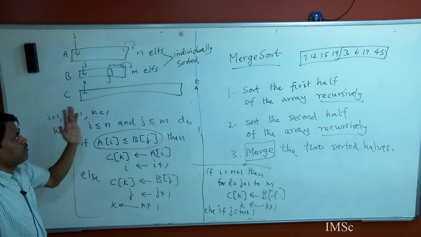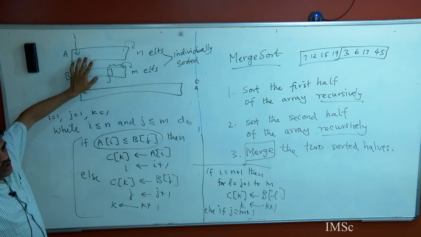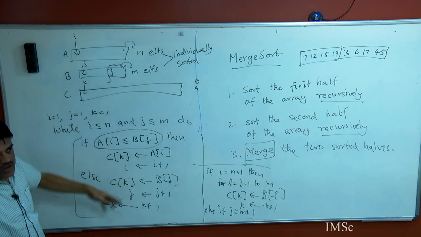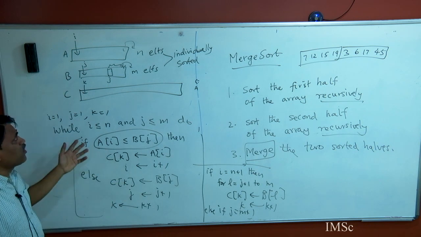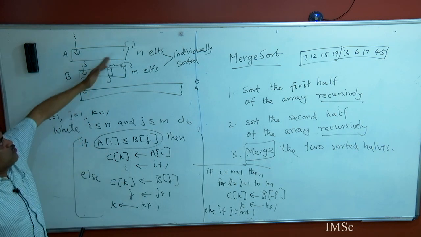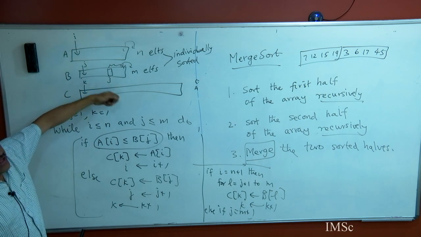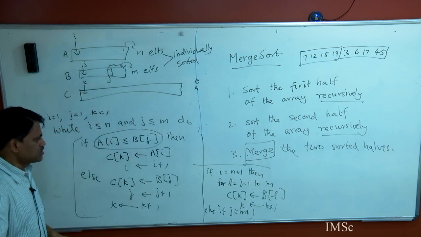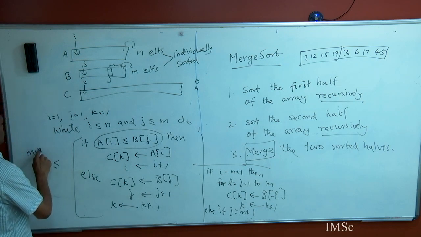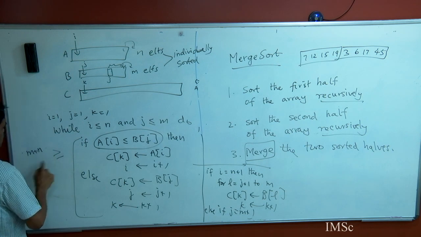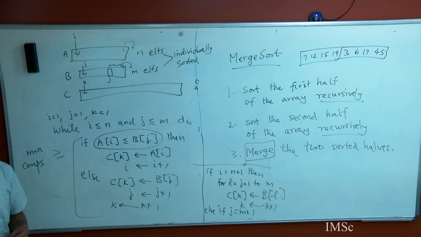So if you look at the movement distance of i and j, totally it's m plus n. It's actually m plus n minus 1 because one of them would have finished before the other and you might get the last element for free. So at most m plus n minus 1, but it's okay if we just say m plus n comparisons.